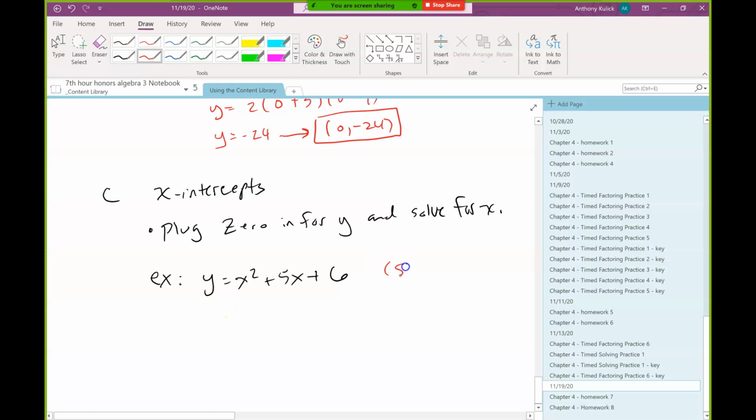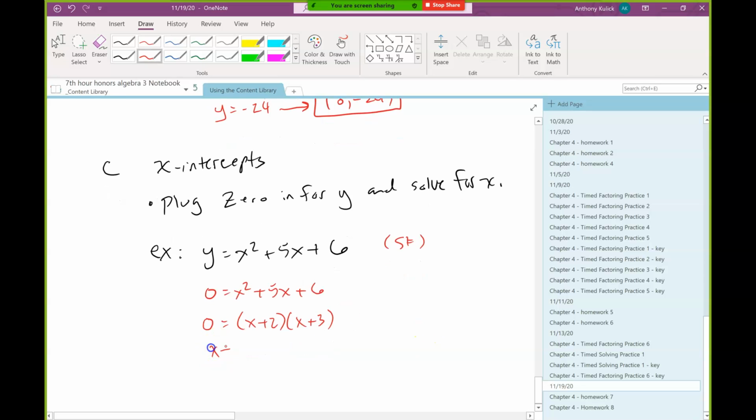I recognize this is standard form. So when I plug 0 in for y, I have a standard form equation to solve. I can solve a standard form equation by using factoring or the quadratic formula. In this case, since the leading coefficient is 1, I'm going to try to factor it, because if it is factorable, it should be really easy to do. So I'm looking for the two numbers that multiply to give me 6 and add to give me 5. Those are 2 and 3.